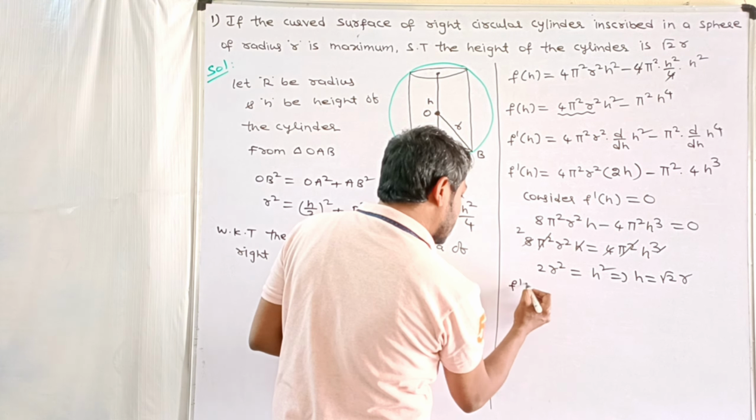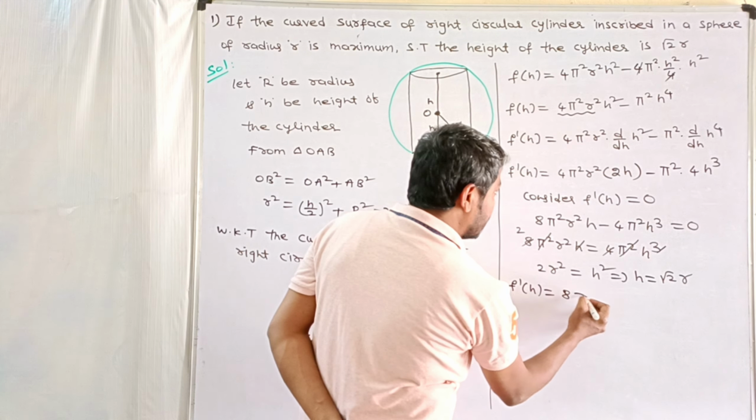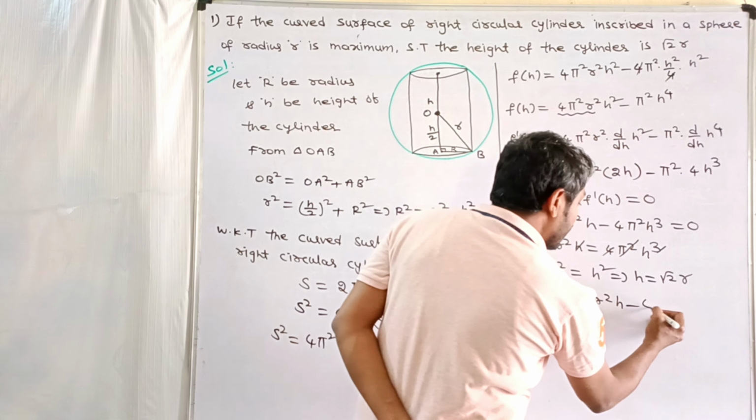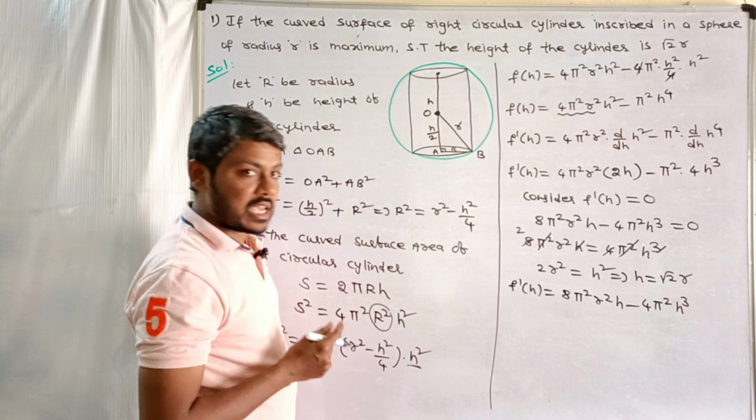After that you can find the second derivative, f double dash of h. Since f dash of h is 4 into 2, 8π²r²h minus 4π²h³. This is the f dash of h.